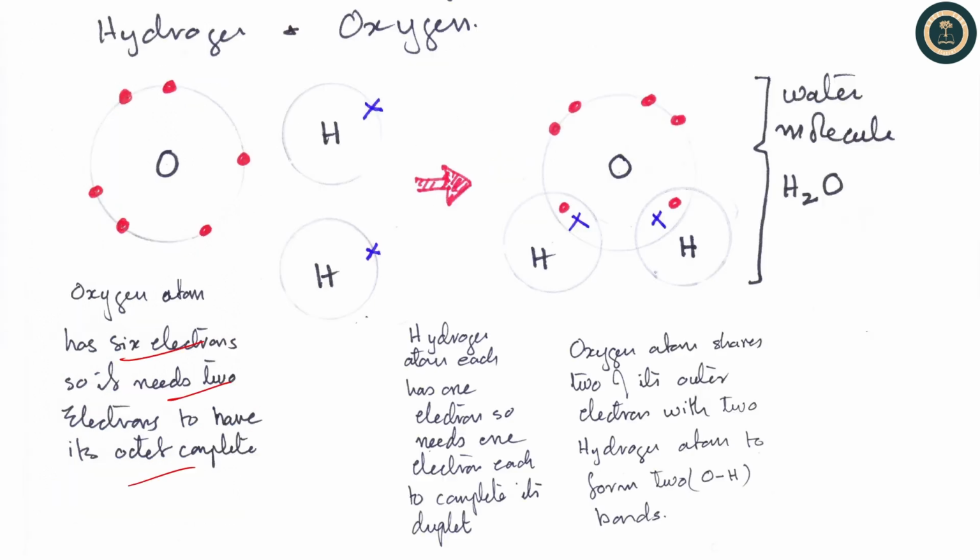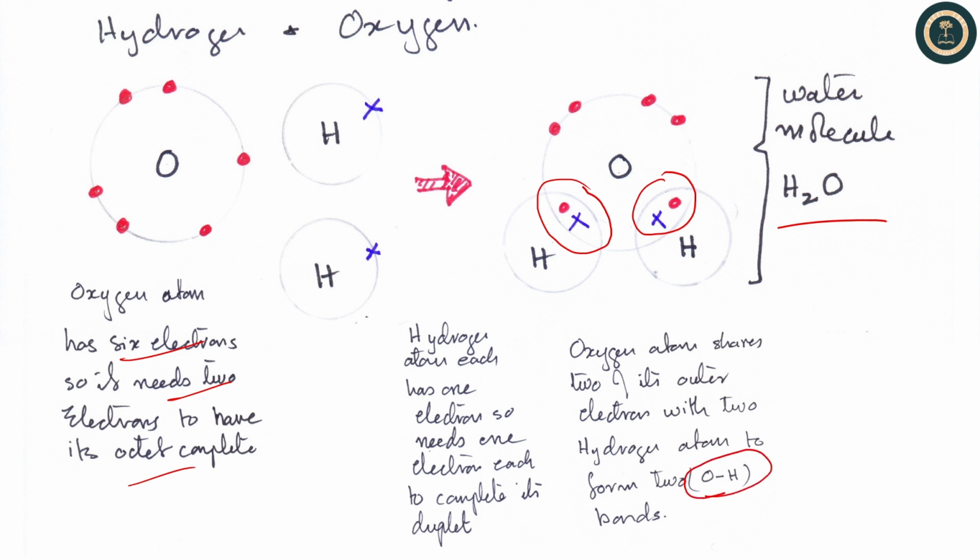Now on the right side I have drawn the structure diagram of the water molecule, where you can see that the oxygen atom is sharing 2 electrons with 2 hydrogen atoms, forming 2 covalent bonds, 2 O-H bonds. This was the example of water.